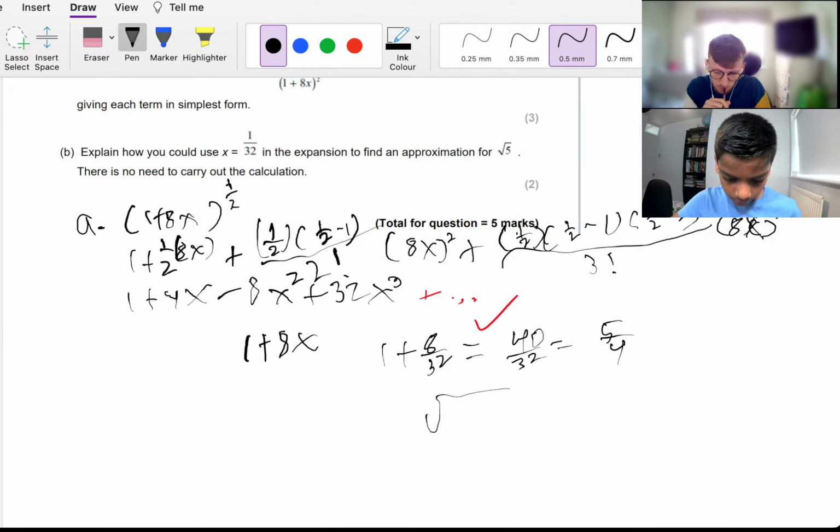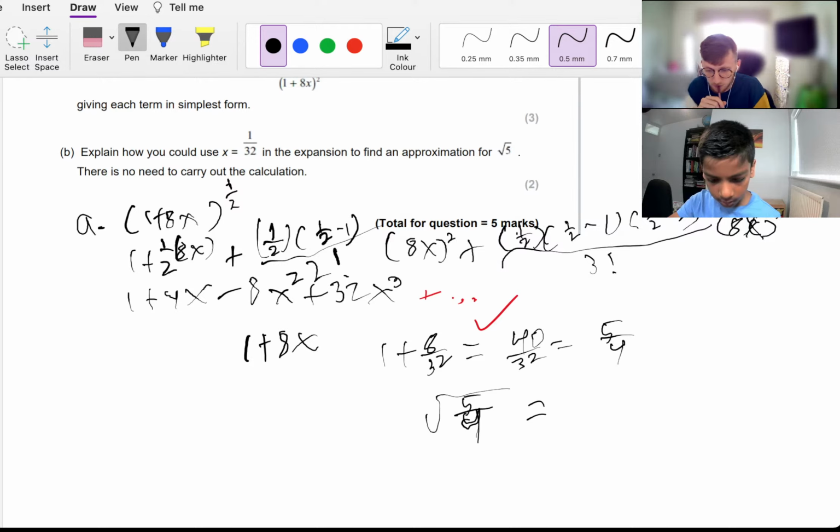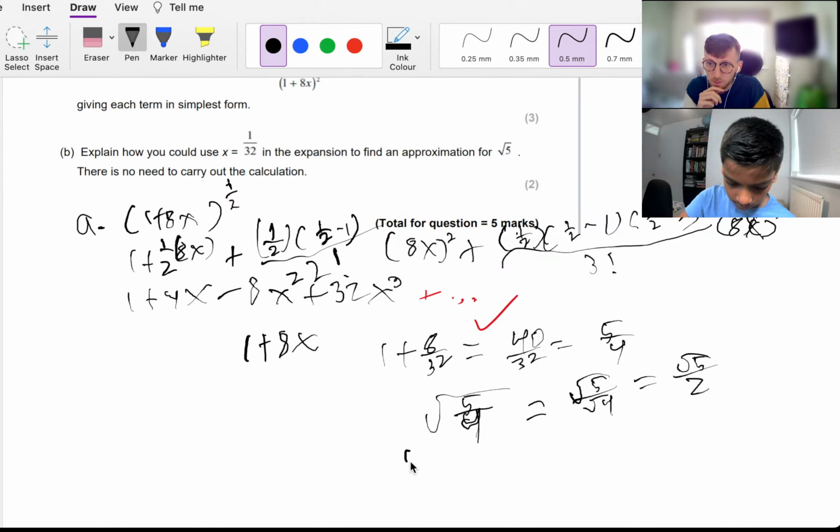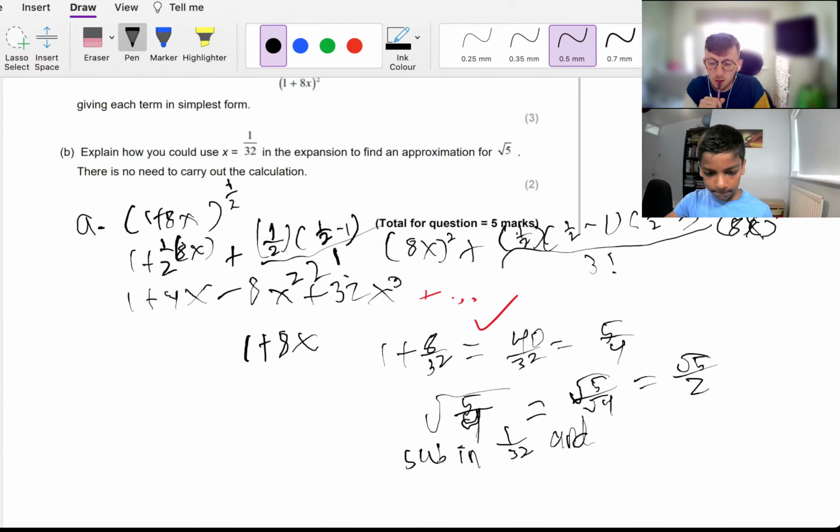So if you sub in 1 over 32, then you get root of 5 over 4, which is root 5 over root 4, which is root 5 over 2. Brilliant. So we would sub 1 over 32 into what?